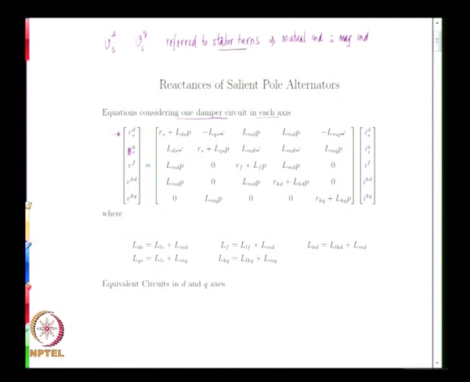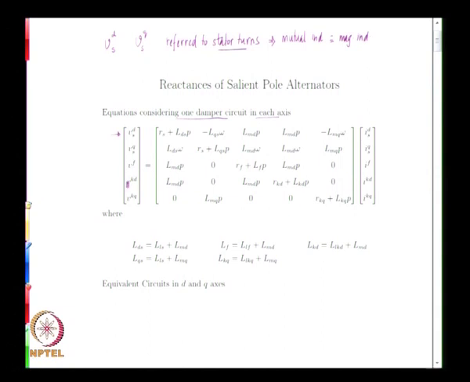Then if you take the q axis, you have Rs plus Lqs p. Lqs then is the quadrature axis synchronous inductance, and then you have Lmd into omega referring to the field speed EMF, and then speed EMF due to the damper, and then the di by dt term due to the damper in the same axis. And then one can represent the field equations and so on.